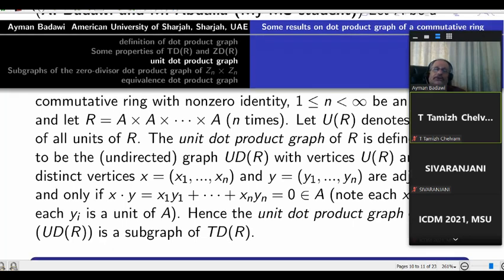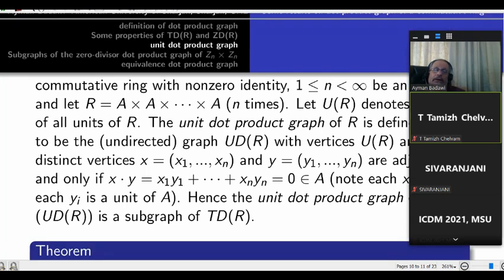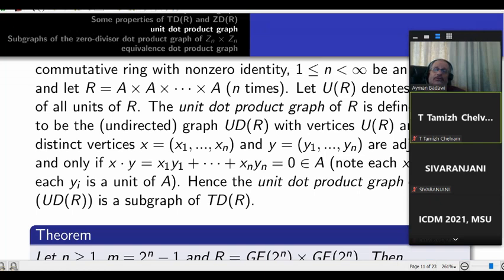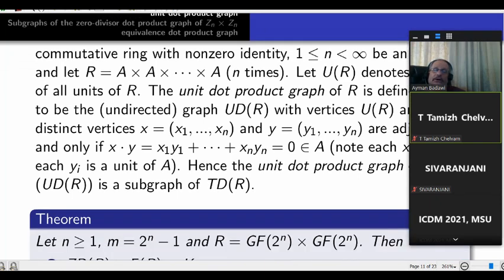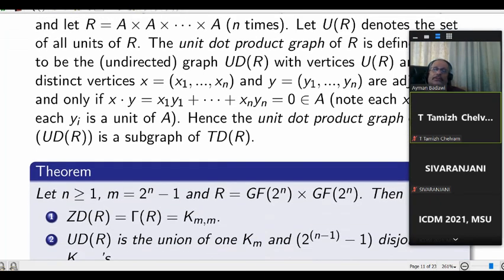And we define the unit dot product, UDR, where the dot product gives 0. So the unit dot product will be a subgraph of the total dot product. What are the properties of this unit dot product?